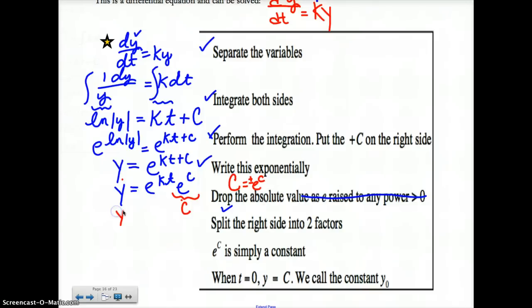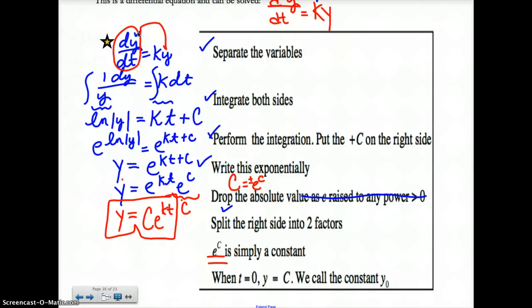So I'm going to write that as constant e to the kt, because e to the c, again, is itself. It's just simply a constant. Now, this always happens. Okay? It's very formulaic. Whenever you can set up that change in time is directly proportional to the quantity itself, when I work it all out, I will always get this model.